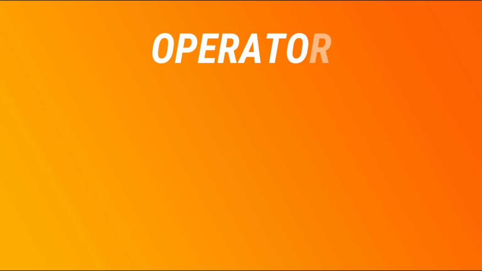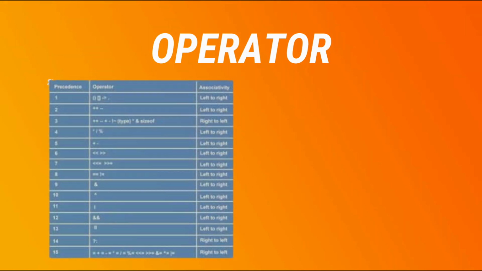Now the sixth and final one is operators. An operator is a symbol used to perform an operation on operands. Take the example 5 plus 5. Plus is the operator and the 5s are operands. It performs an operation, so 5 plus 5 is 10.